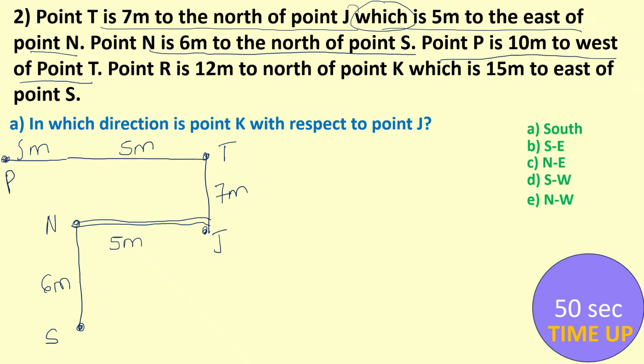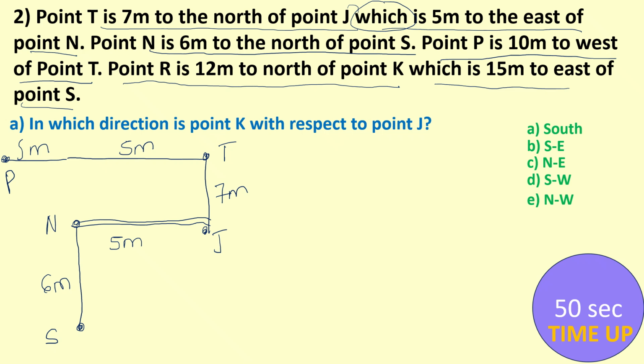Then next, point R is 12 meter to the north of point K, which is 15 meter to the east of point S. So first we will solve this.